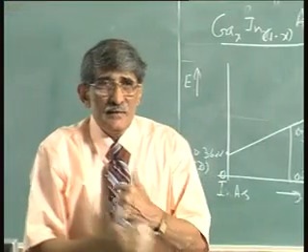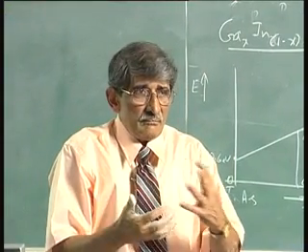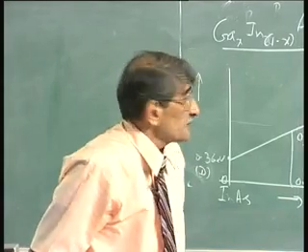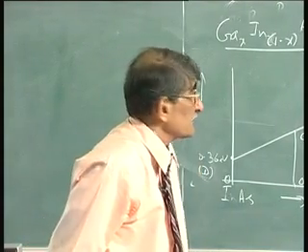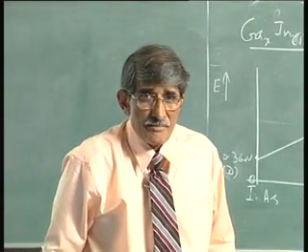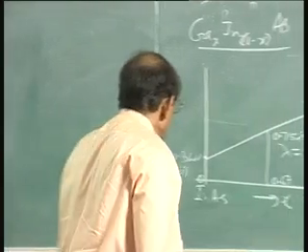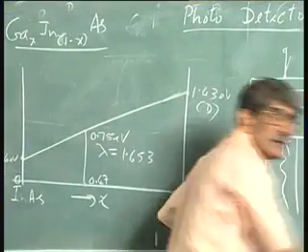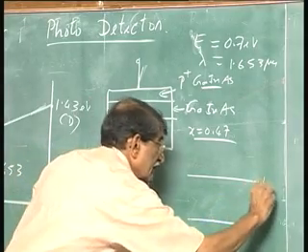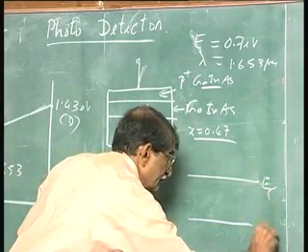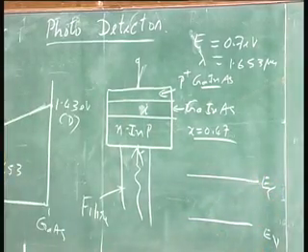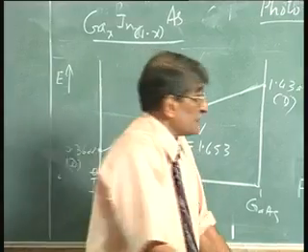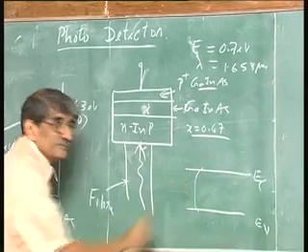What does it mean when I say for a detector the wavelength is 1.653 micron? It means actually like this, okay, which means if I have the band gap like this, if the light is falling, it should knock out electrons from here to here.